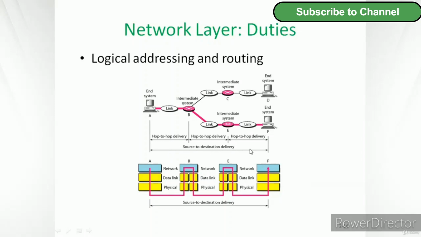These packets are sent from the source to the destination, or we can say it is source to destination delivery, and this layer is responsible for that. Routing is nothing but finding the path or the location where the data is to be sent.